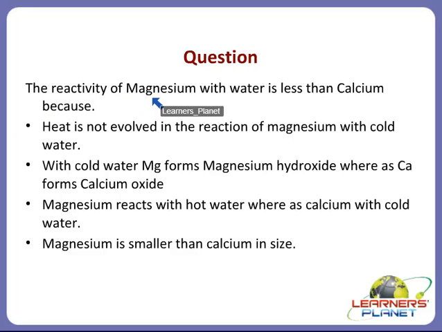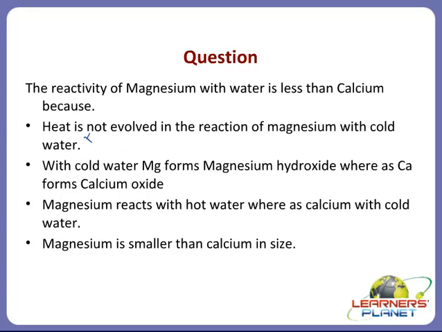The reactivity of magnesium with water is less than calcium because... How can we analyze that the reactivity is less? Heat is not evolved in the reaction of magnesium with cold water. Heat is also not evolved in the reaction of calcium with cold water. So this option is ruled out.